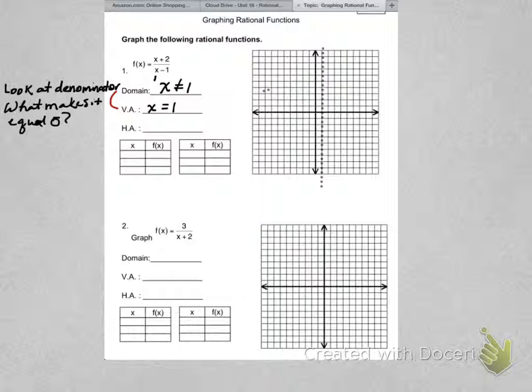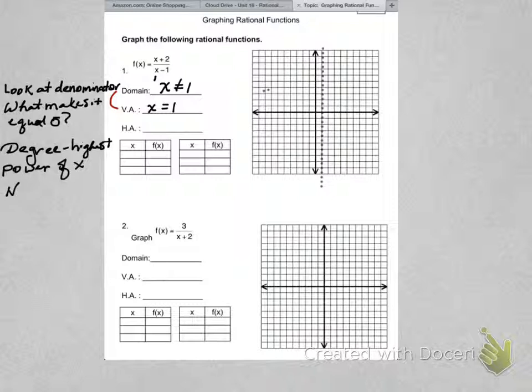And then we're going to go back and figure out what our horizontal asymptote is. For the horizontal asymptote, remember you're looking at the degree of the numerator and the denominator, which is the highest power of x, and there's 3 possible choices for your horizontal asymptote.